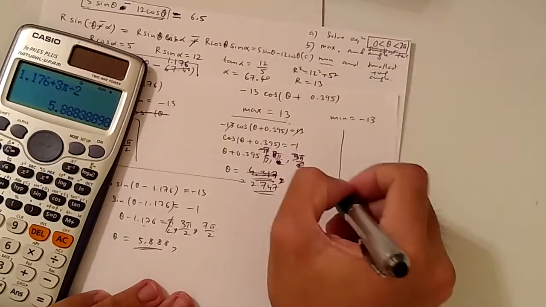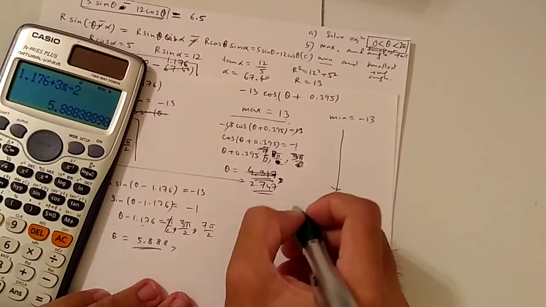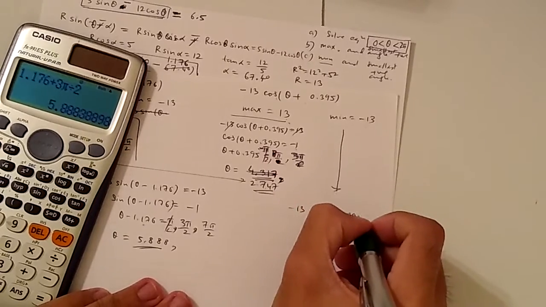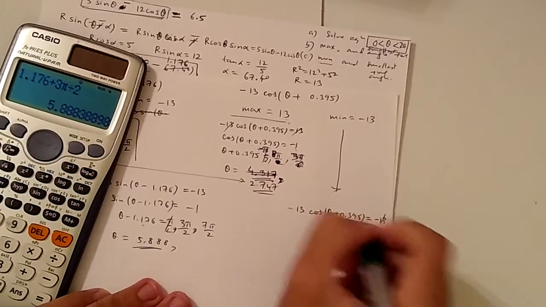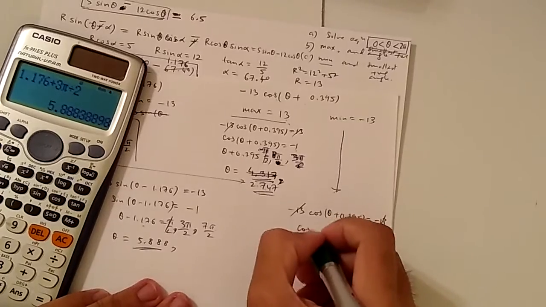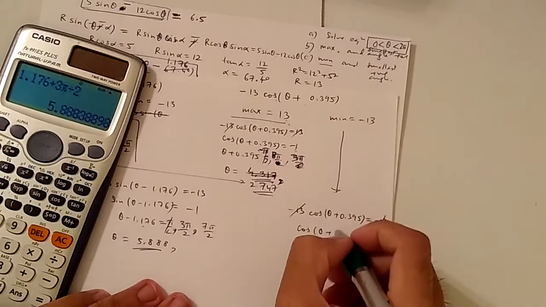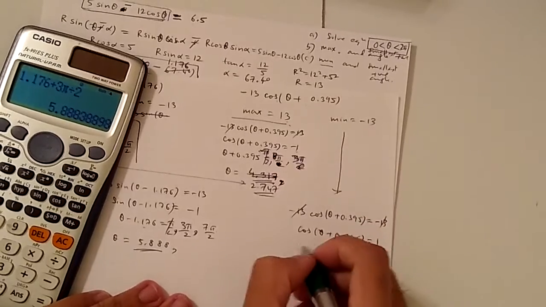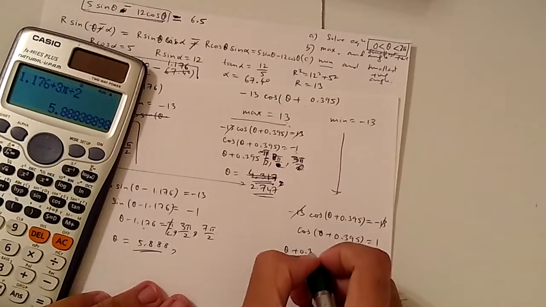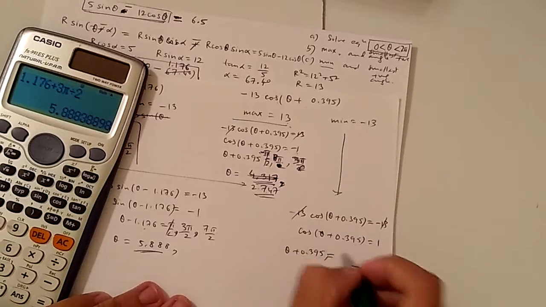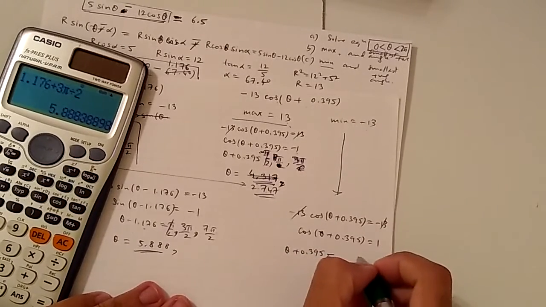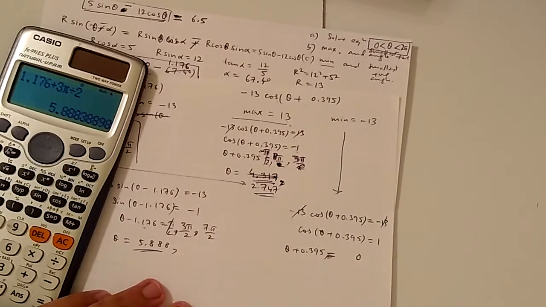Now over here, if we use the minimum, minus 13, that is going to take place when minus 13 cos of theta plus 0.395 is equal to minus 13. Minus 13 cancels out, the minus also cancels out. You get cos of theta plus 0.395 is equal to 1, and that takes place when theta plus 0.395 is equal to 0. The first answer is 0.